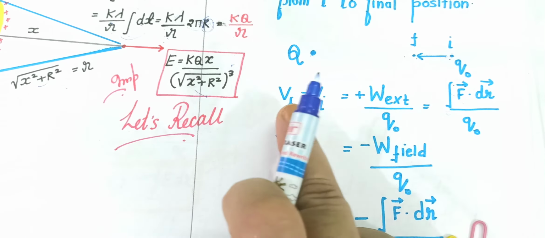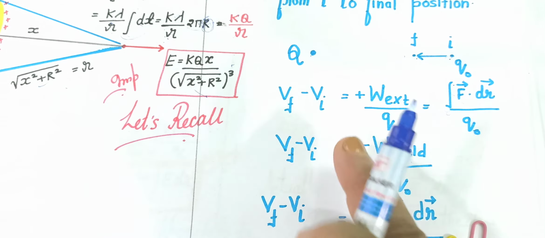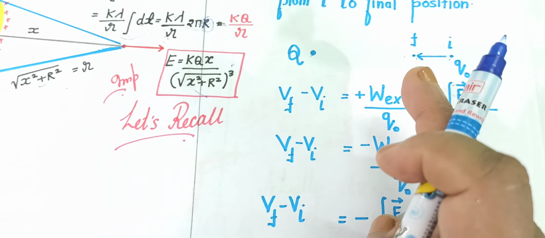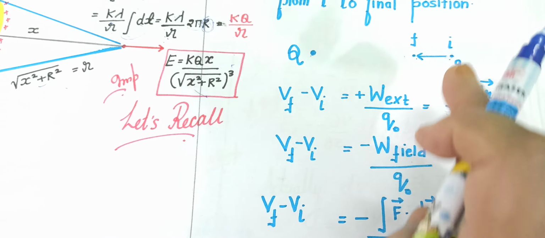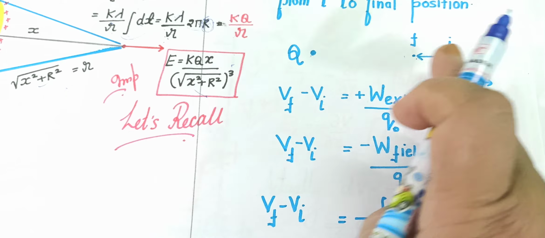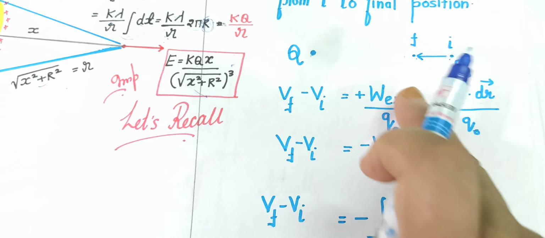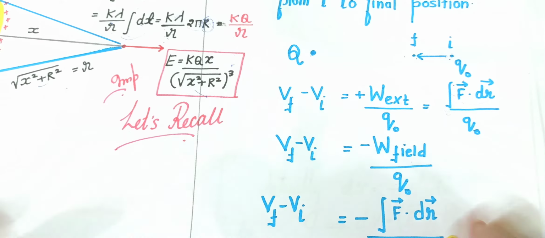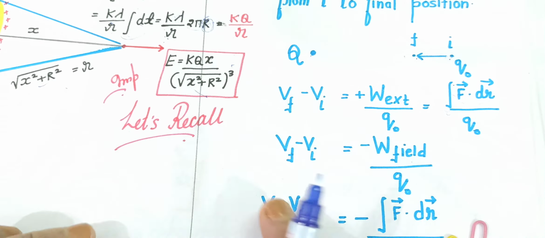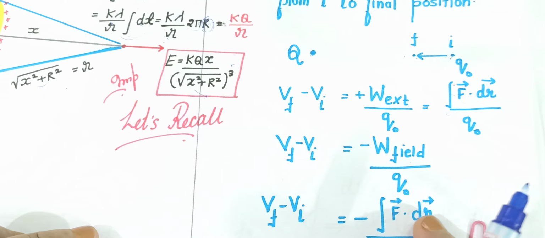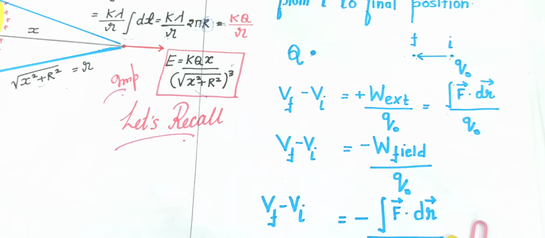That potential difference between 2 points is equal to work done when a charge q is shifted from initial to final. Now we can take any of the two formula, but finally we are going to get the same formula. So shall we start?